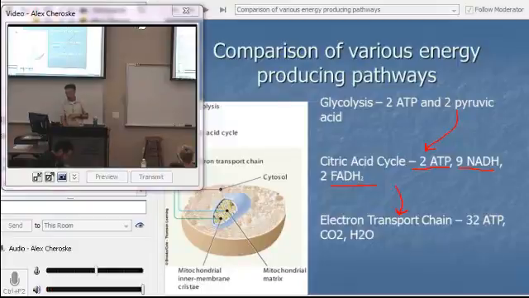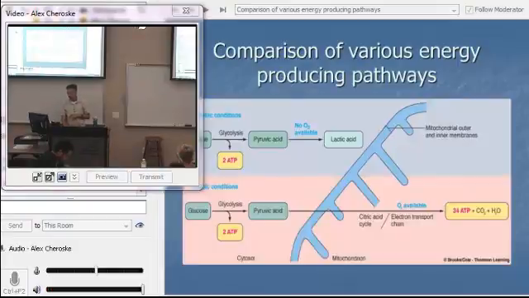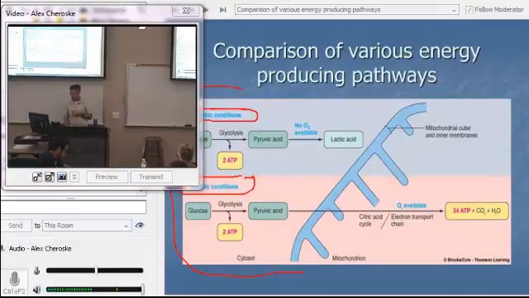Okay? All right. So this slide here does a good job of bringing it together again. Like we said, this is outside the cell in the anaerobic reactions, under anaerobic conditions. In aerobic conditions, the pyruvic acid from the glycolysis that we talked about is used inside of the mitochondria to produce ultimately 34 ATP: 2 from the citric acid cycle, and then 32 from the electron transport chain.